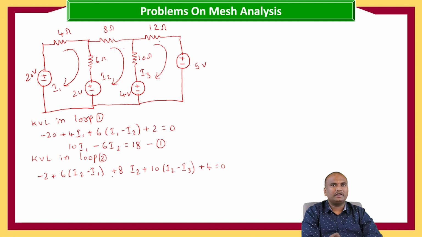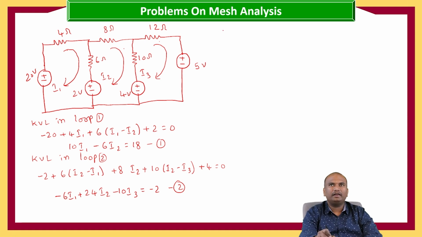So here 6 plus 8, 14 plus 10, 24 I2 minus 6 I1 minus 10 I3, minus 2 plus 4 plus 2, which is equals to minus 2. And minus 6 I1 plus 24 I2 minus 10 I3 equals to minus 2. This is our equation number 2.